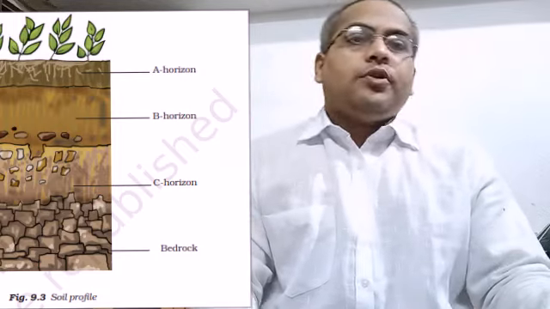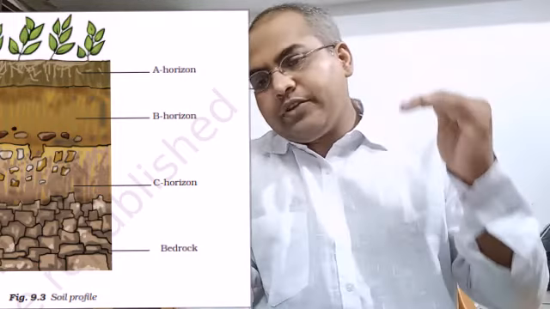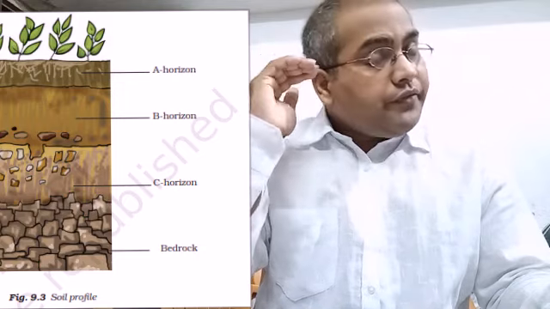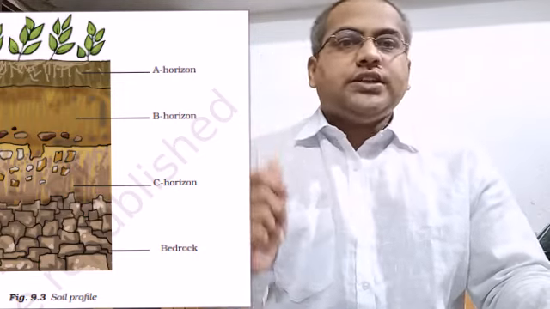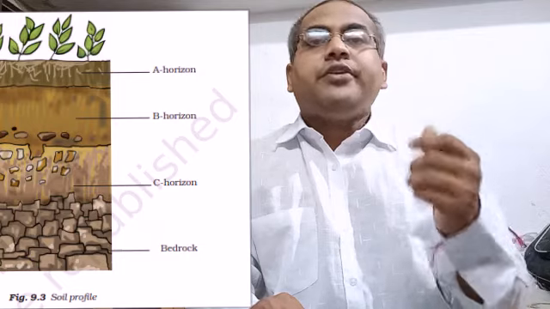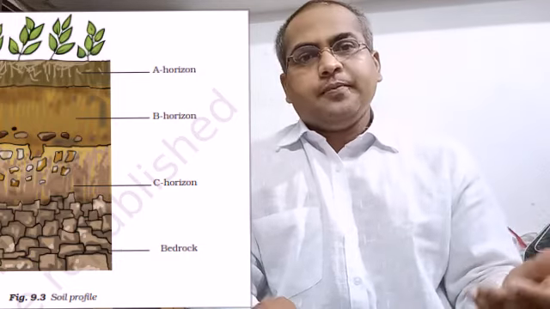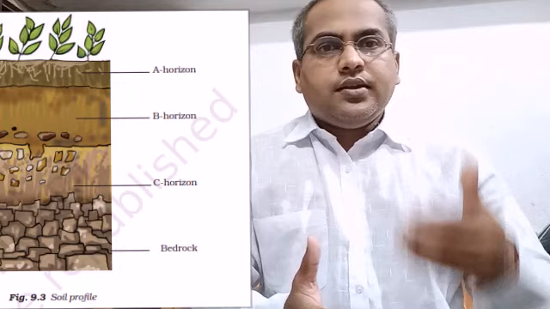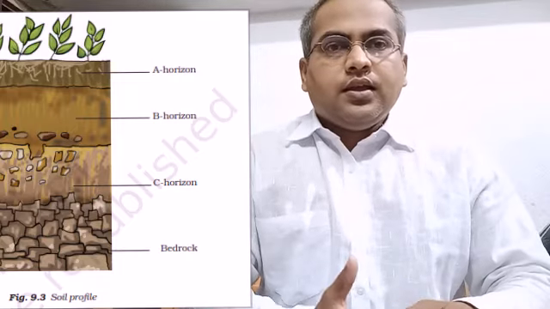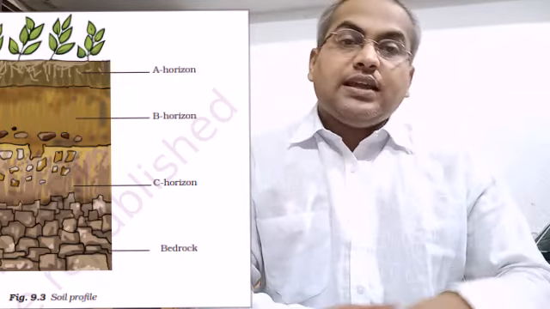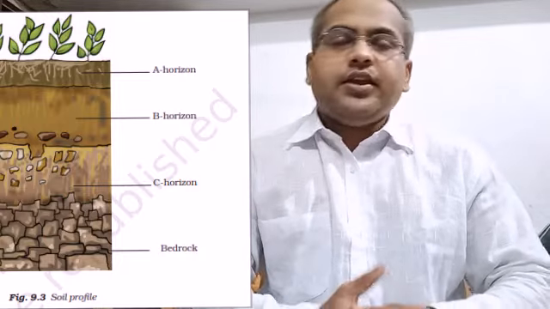In the soil profile, if you observe the different layers, each layer has a different type of texture. If you touch it, you will have a different feel in every layer. The nature is different at every layer. The composition is different at every layer. Color is different at every layer.